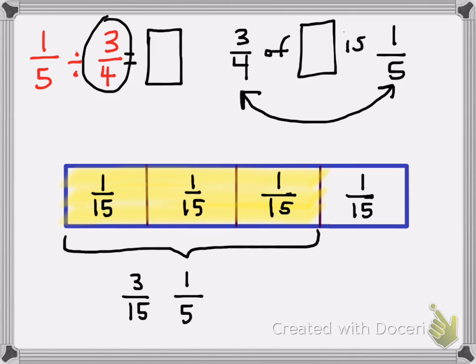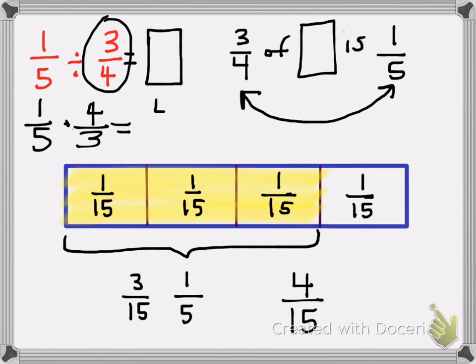And altogether, my answer would be 4/15. So 3/4 of 4/15 is 1/5, is what it looks like based on our model. So let's check the algorithm, which is multiplying by reciprocal, of course. And when we multiply by reciprocal, we get 1 times 4 is 4, and 5 times 3 is 15, so 4/15. Bingo. The model worked again.